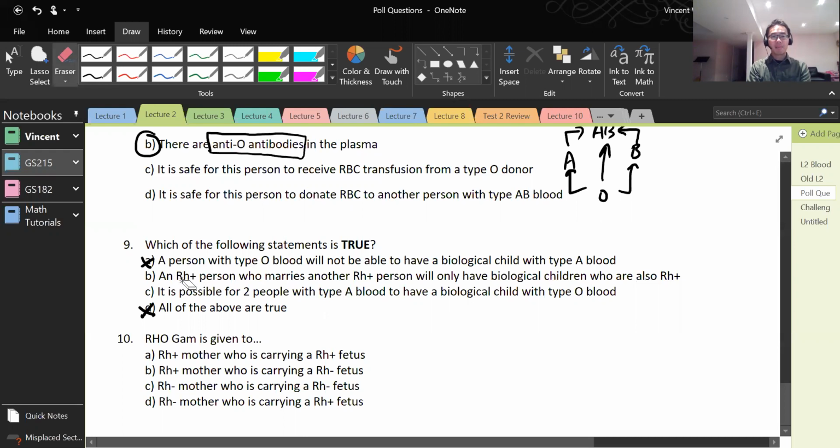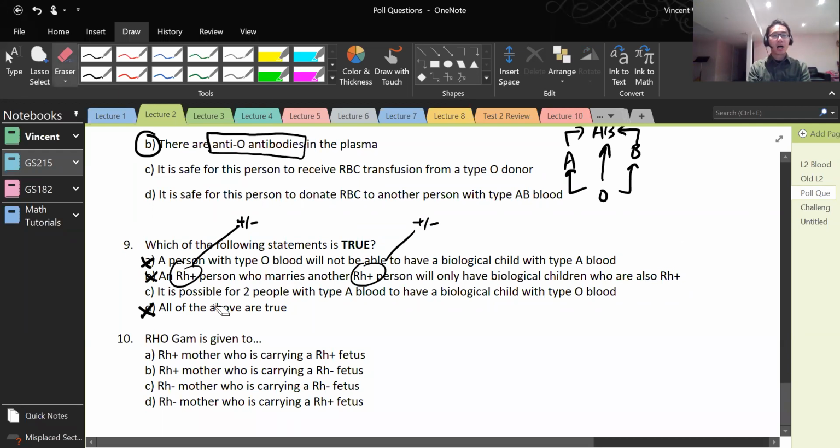If this person is plus negative and also plus negative here, then there is a 25% chance, as I showed you earlier, that they will have a negative child. So it's not certain that they will only have positive kids. For that reason, this is not true.